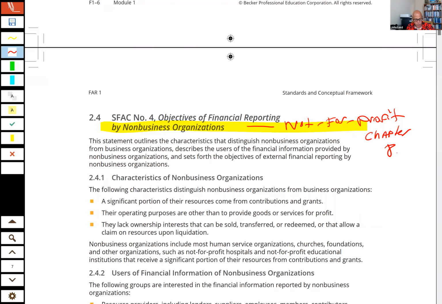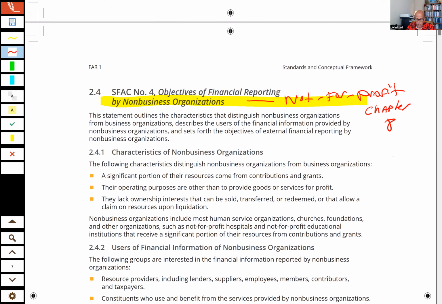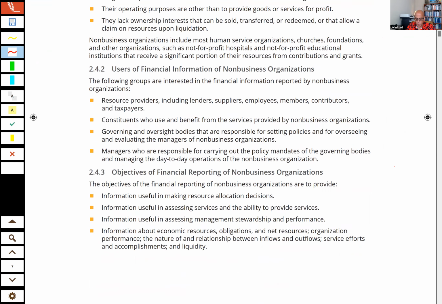In fact, I think you'll see that those points are a relatively easier set of points for you to get. You just have to spend the requisite time with that material. So between not-for-profit and governmental, we're talking close to 20 points on the exam, and we'll get to that in Chapter 8.